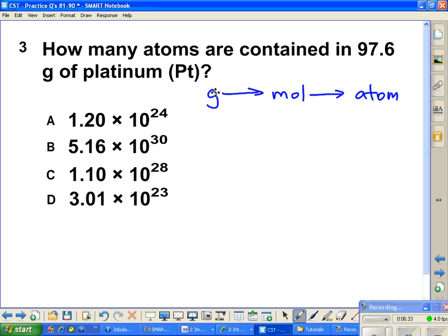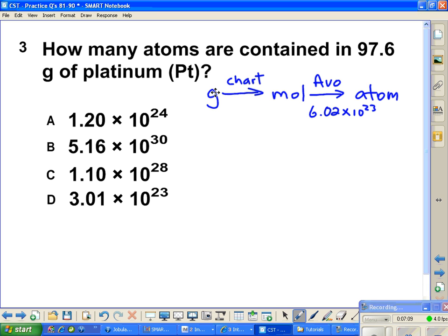I tell my classes that to get from grams to moles, we use the periodic chart, the molar mass of whatever it is we have. If it's an atom, it's the molar mass of the atom. If it's a molecule, it's the molar mass of the molecule. Once we get to moles, we're going to get to atoms by using what I call AVO. AVO is that nice, big, huge number, 6.02 times 10 to the 23rd. So 6.02 times 10 to the 23rd is what we'll use there at the end.